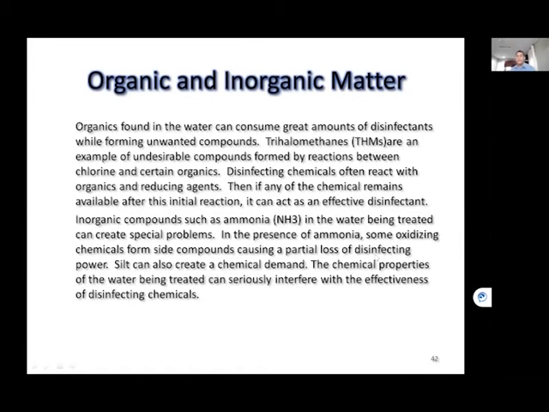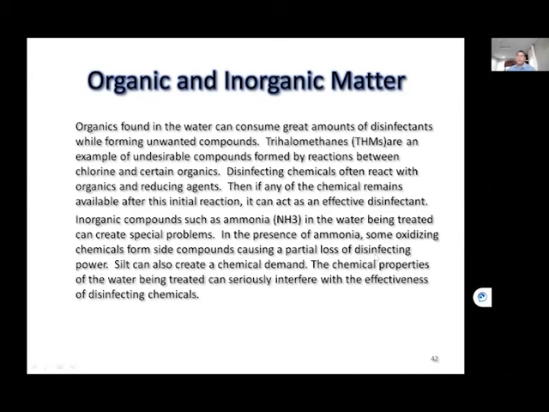Similar with organic and inorganic matter. Organics found in water can consume great amounts of disinfectants, kind of connecting back to when I was talking about enhanced coagulation. We want to reduce the organic load, the organic carbon in the water, as much as we can through our coagulation. Aluminum sulfate is really good at that, through the front end of the process.